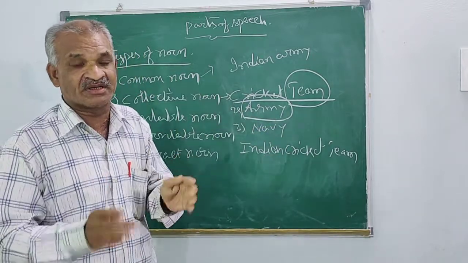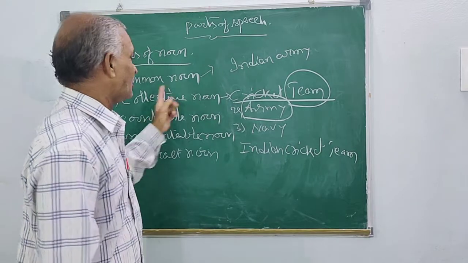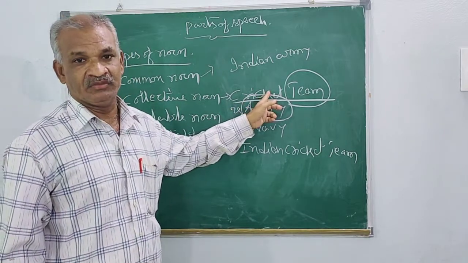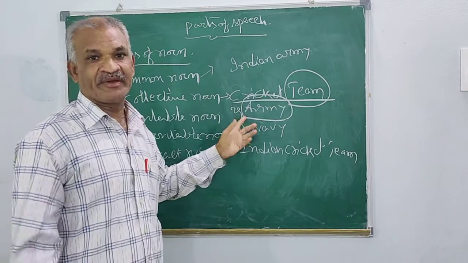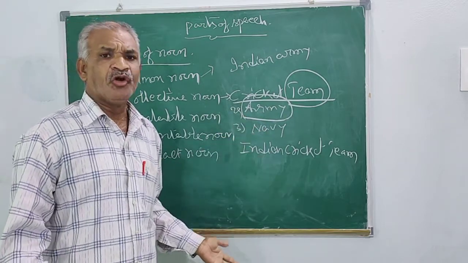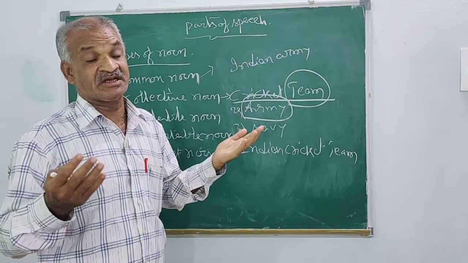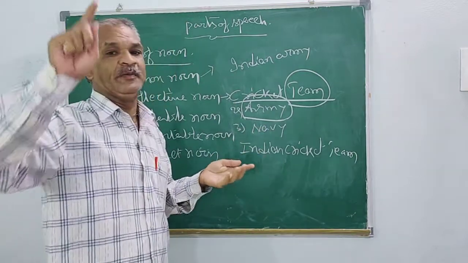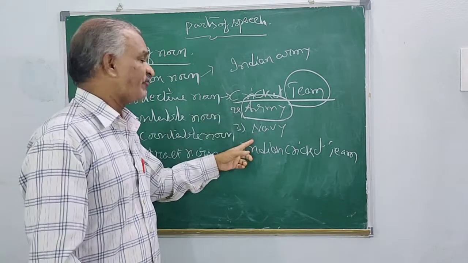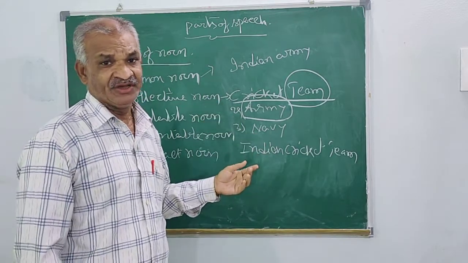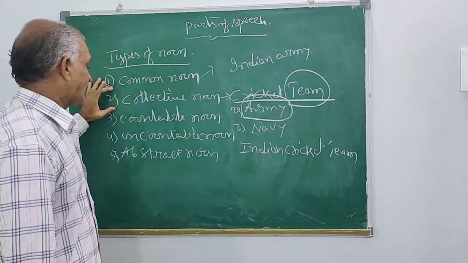For 10 members, one name is given. That is what is called a collective noun. Similarly, for army, there may be a large number of people, but for all the people, one name is given. That is army. Similarly for navy. That is what is called a collective noun.